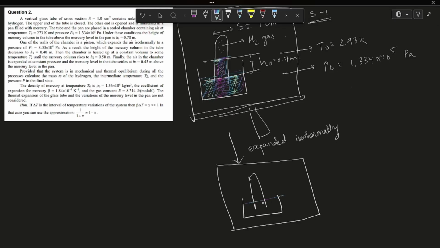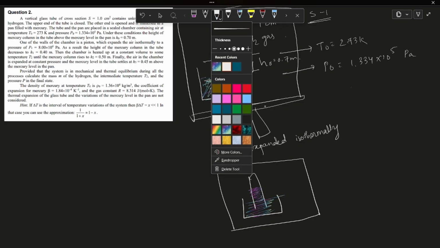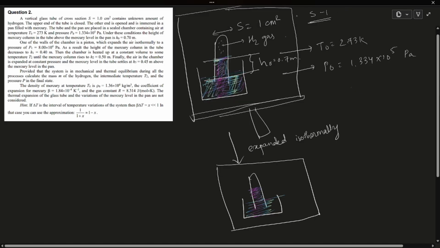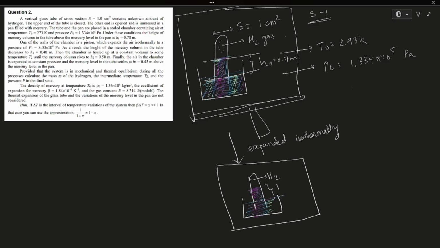Here is our mercury. Then there is H2 gas above. This height H1 is given as 0.4 meter. We expanded isothermally, so volume changes, pressure will also change, temperature is constant. So P1 is given 8 into 10 to the power 4 Pascal.